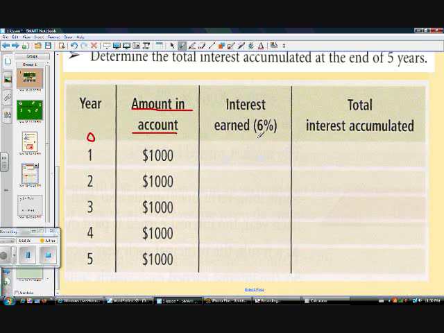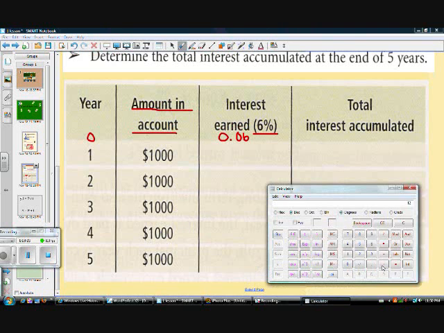Well, in other words, I want to take 6% of $1,000. So that means I'm going to change my 6% to a decimal, 0.06, and I'm going to multiply it by 1,000. Now, most of you maybe can do that in your head, but it's getting kind of late for me, so let's try that.